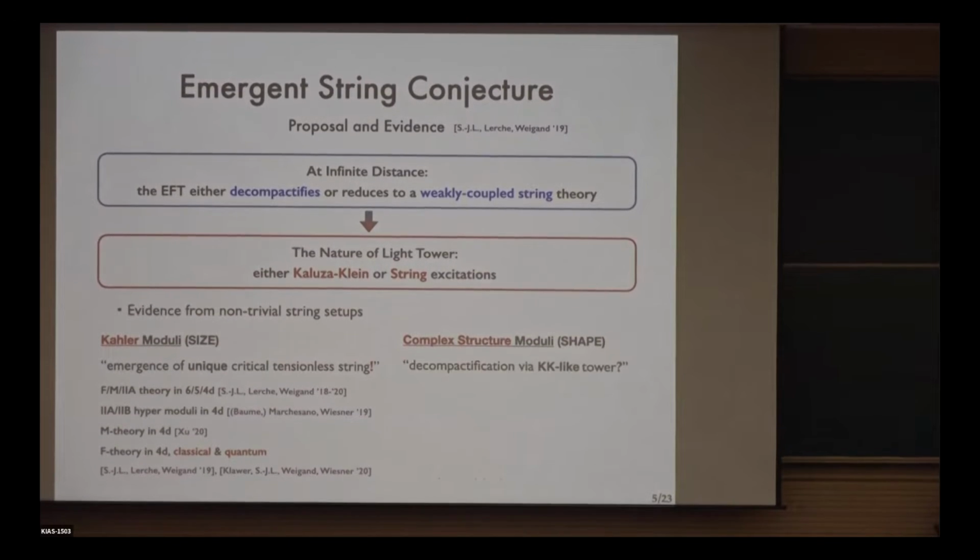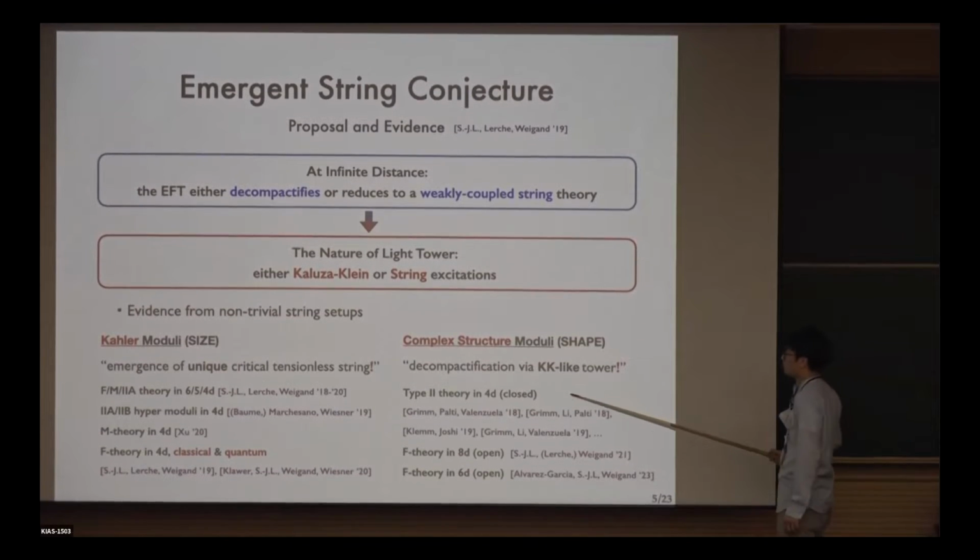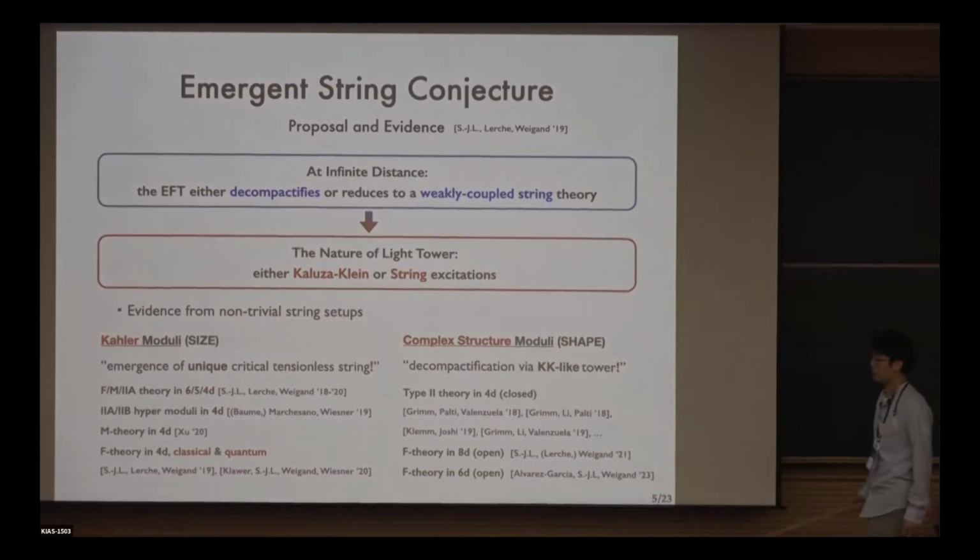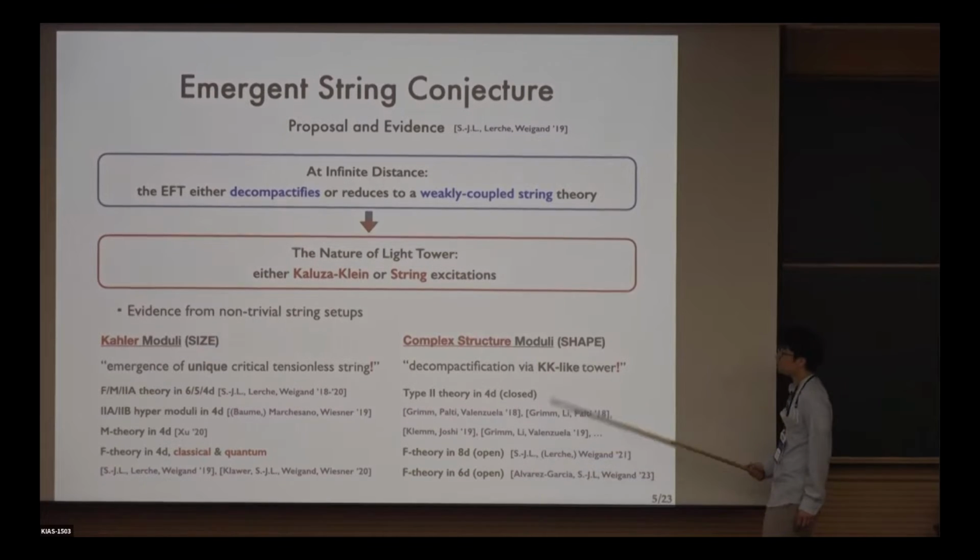As for the complex structure side, sometimes it's difficult to see how the space-time decompactifies. The initial evidence was from the closed string limits of type II string theory. And later on, we systematically analyzed the open string limits as well, realized as the complex structure moduli limits of F theory.